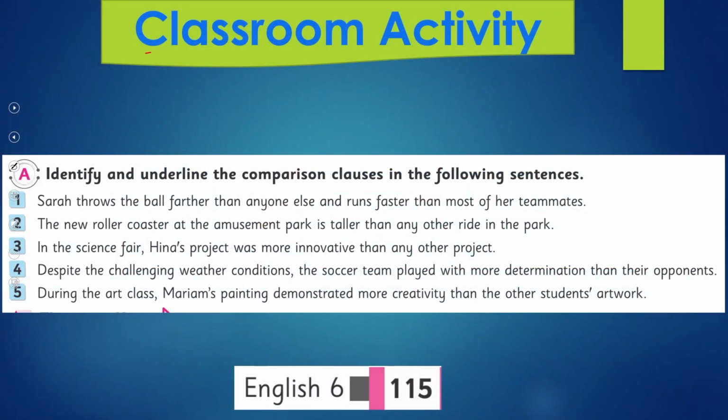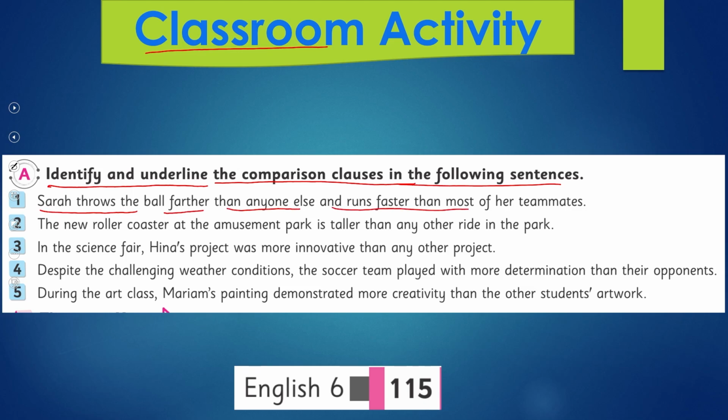So, this is a classroom activity. Identify and underline the comparison clause in the following sentences. Sarah throws the ball farther than anyone else and runs faster than most of her teammates. This is sentence number 1.